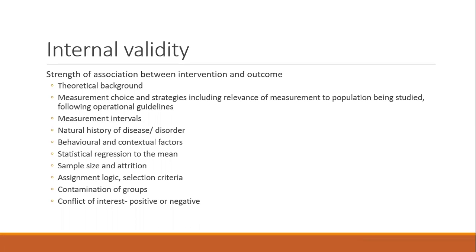So you can say these people improved more than the control group, and hence this was an additional benefit, and it was not due to natural history of the disease or disorder. So depending on the article, you need to look for this.